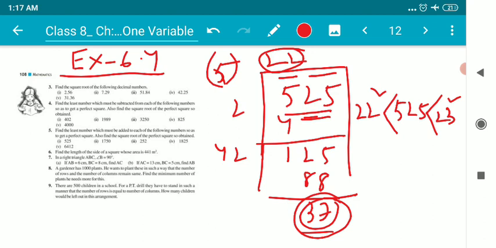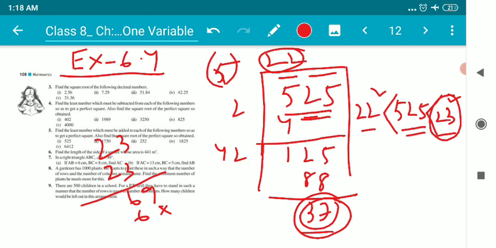Because between 22 square and 23 square, what comes? 525 comes. So let us find 23 square. The square of 23 is 529.